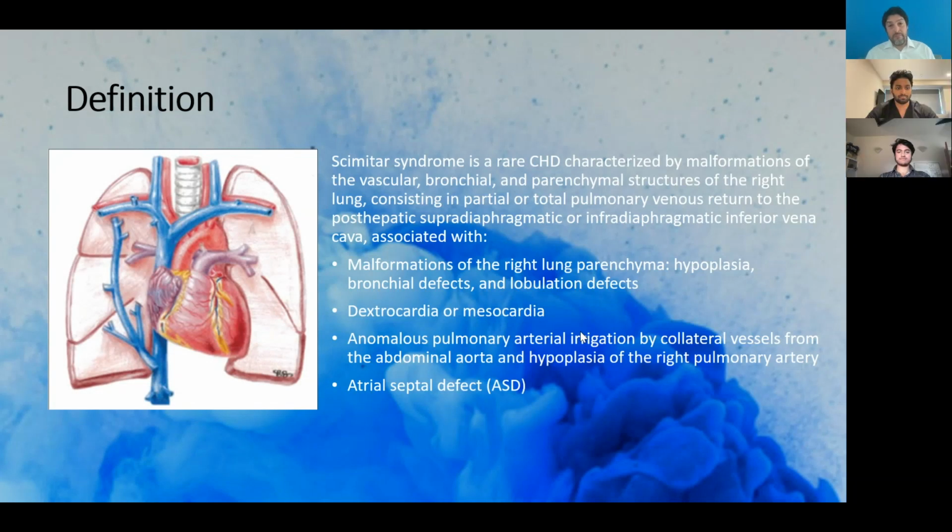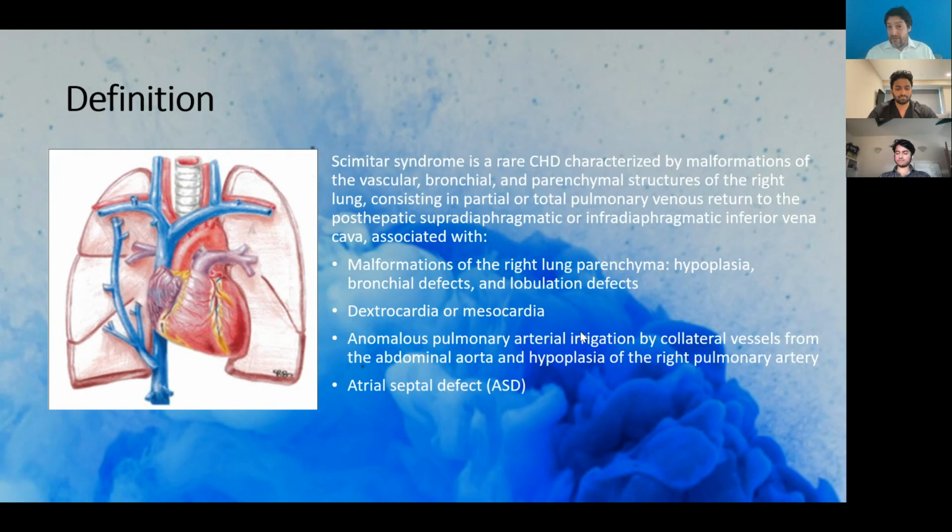with malformations of the right lung parenchyma, such as hypoplasia, usually associated dextrocardia or mesocardia, and anomalous collateral vessels that come from the abdominal aorta and go to the right lung.